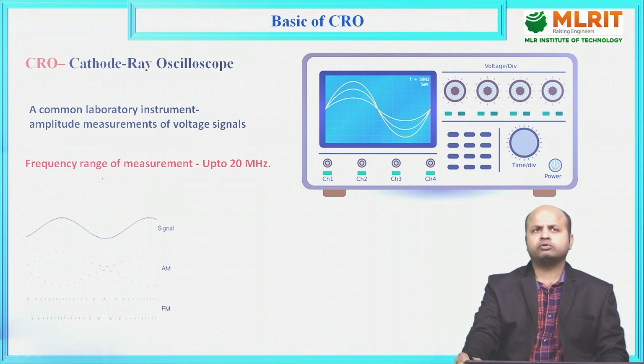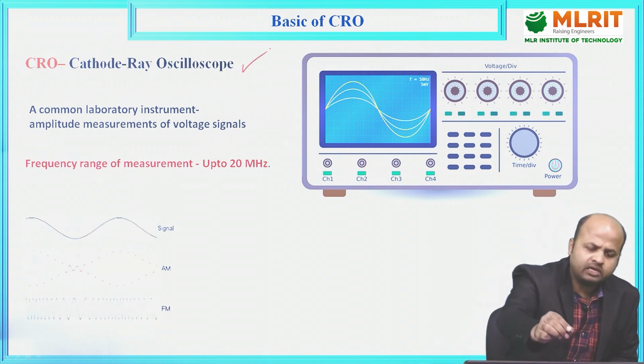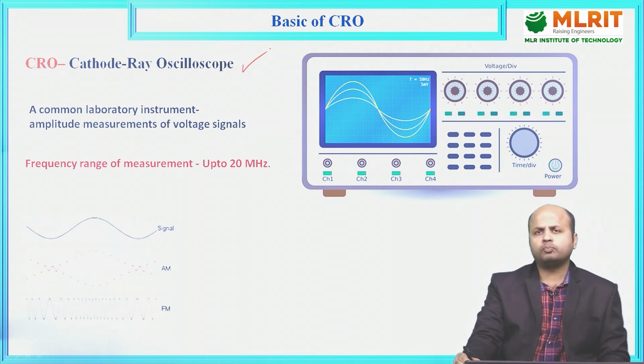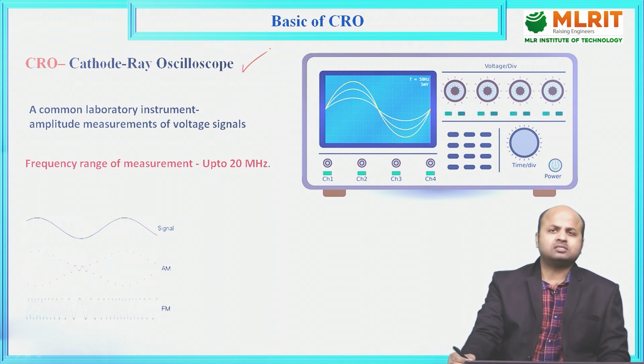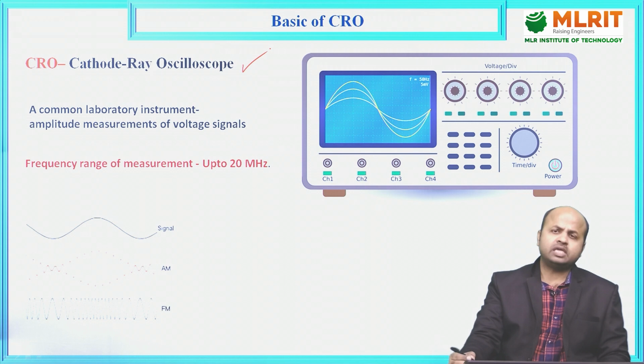CRO stands for Cathode Ray Oscilloscope. It is a very important equipment in our laboratory by which we can measure the amplitude of our voltage signals. See, we can't see any signal by our naked eye. So, CRO is a device by which we can see the signal on the CRO screen.